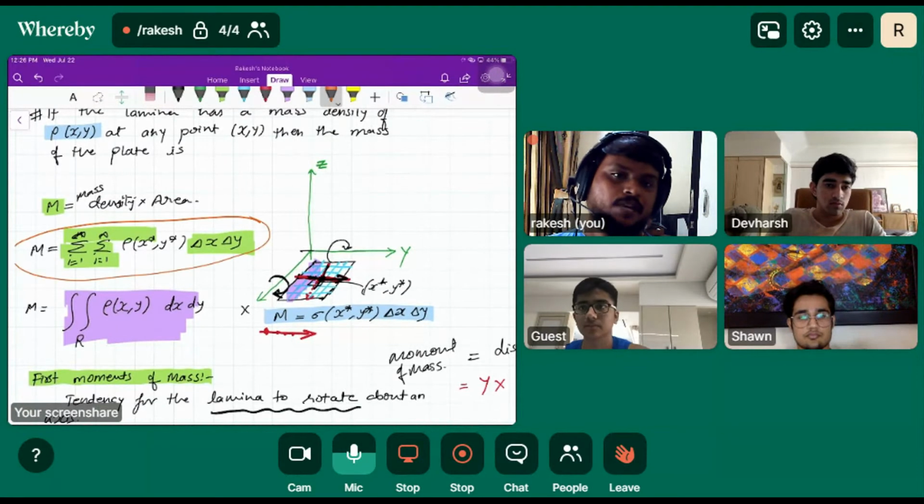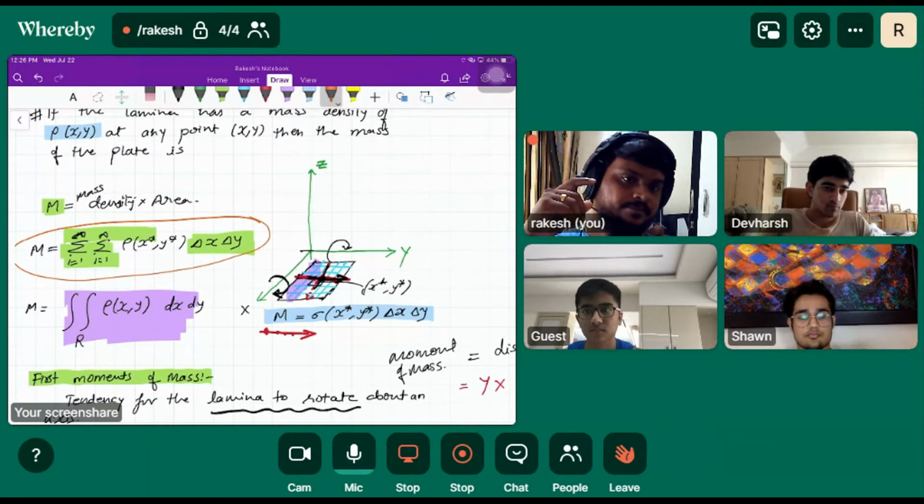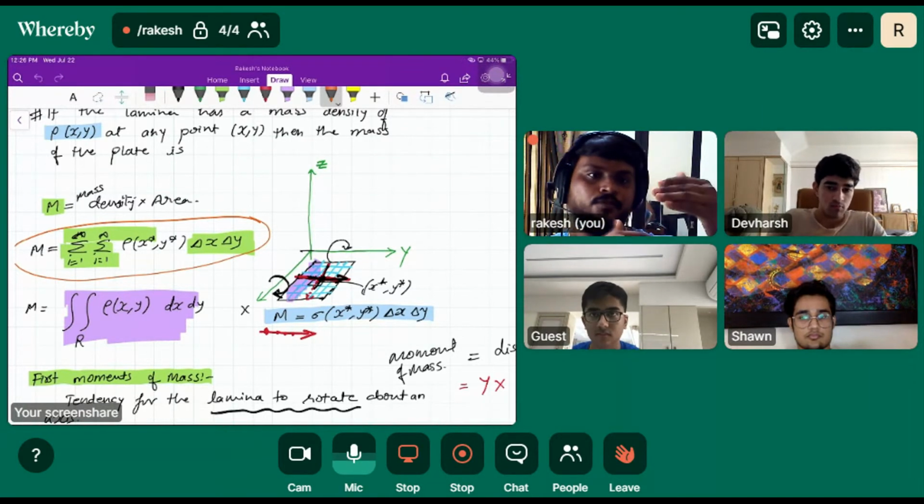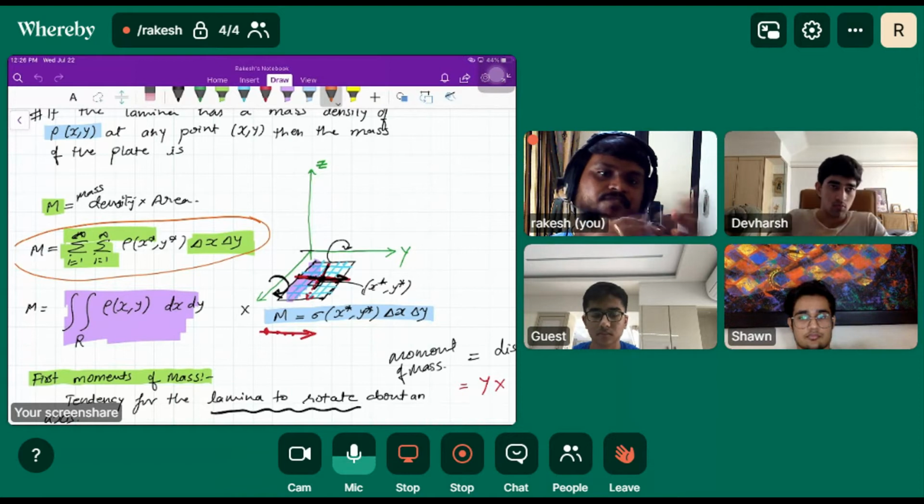See, mass is equal to mass density into area, right? And we can find out the overall mass of the plate by summation. If we divide the complete region into n rectangles and we sum over x and y direction, we find out the mass of each small rectangle.